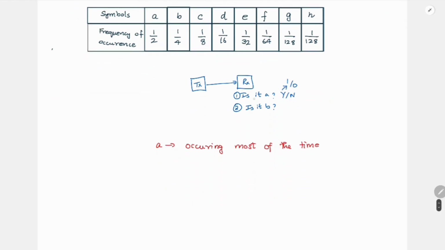So it makes sense to ask whether the symbol is A first. Then B has the highest probability of occurrence next to A. So as a second question, we should ask whether it is B, right?